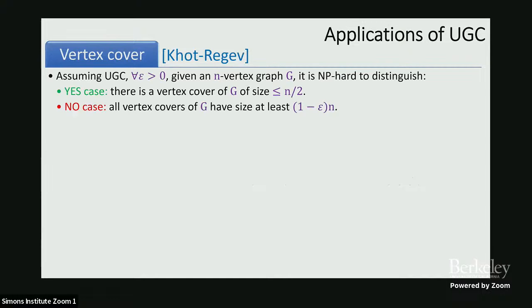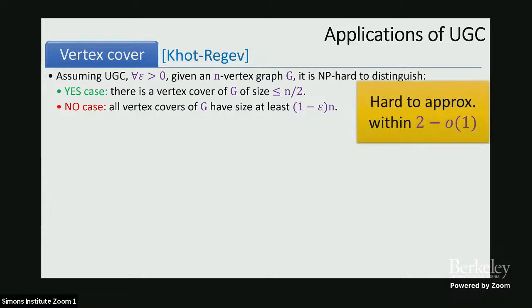And here is what it says. I give you an n-vertex graph. Then it's NP hard to tell whether there is a vertex cover that consists of at most half of the vertices, or every vertex cover must contain essentially all of the vertices. This seems ridiculous, but this is a consequence of unigames. In other words, when you do this division problem, you get that it's hard to approximate within factor 2 minus a little bit.